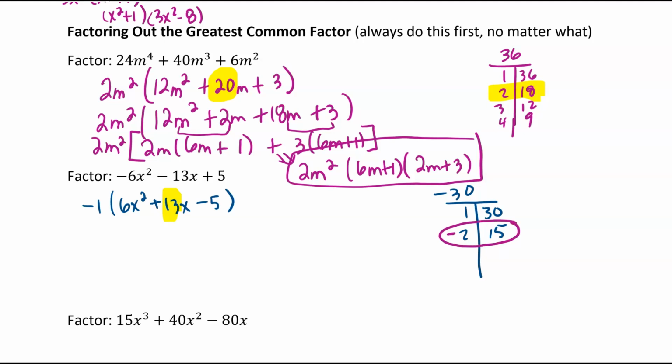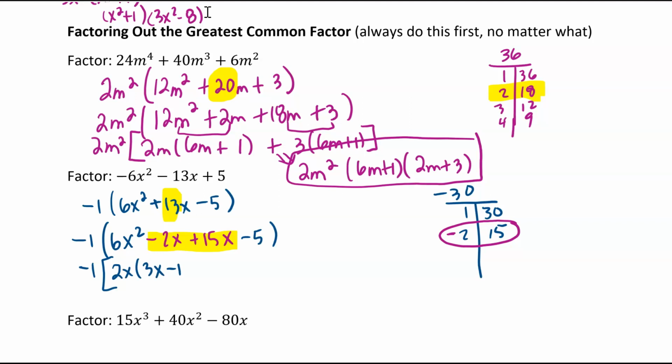So we will have to go with -2 and 15. So here we keep our -1, 6x squared. We're going to expand that middle term to -2x plus 15x, and then minus 5. Then you can factor by grouping, because you have 2x times 3x minus 1 plus 5 times 3x minus 1. That's what you want. You want this to be the same as this, right?